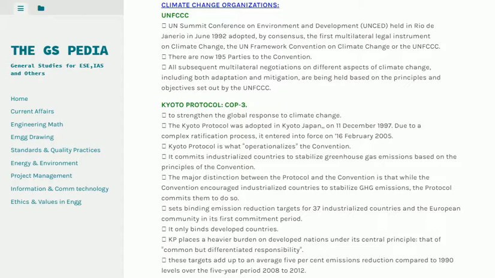The Kyoto Protocol is what operationalizes the convention. It commits industrialized countries to stabilize greenhouse gas emissions based on the principles of the convention. The major distinction between the protocol and the convention is that while the convention encouraged industrialized countries to stabilize GHG emissions, the protocol commits them to do so.